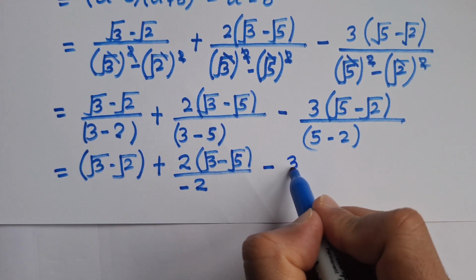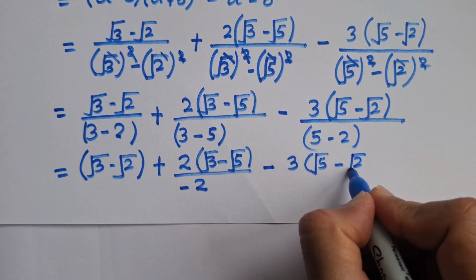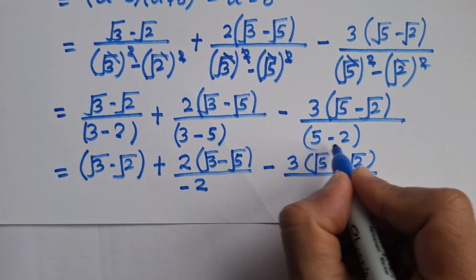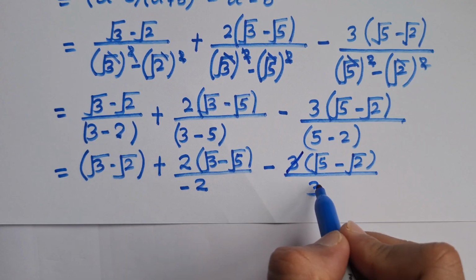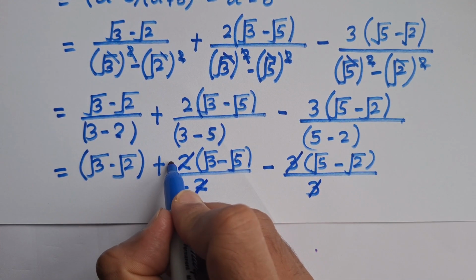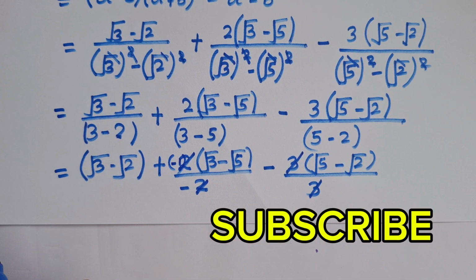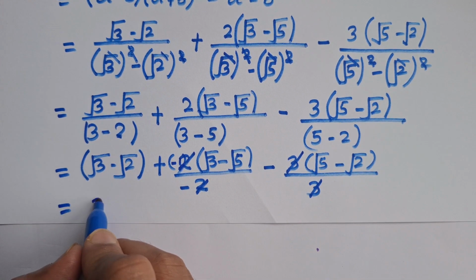Minus 3 times square root of 5 minus square root of 2 divided by 5 minus 2, which is equal to 3. Here 3 and 3 are going to be cancelled out. Here 2 and 2 are going to be cancelled out. But remember we have minus 1 here now because we divided plus 2 by minus 2.